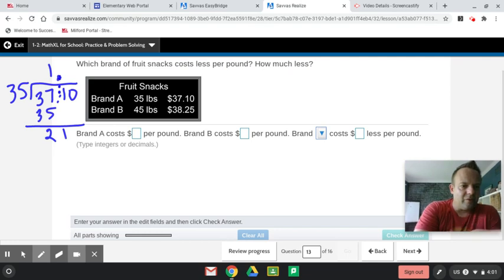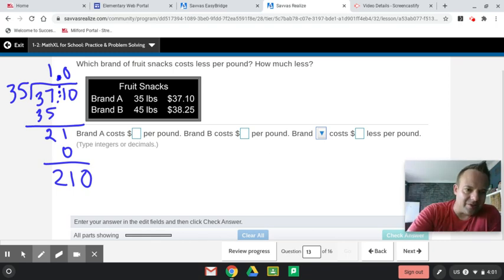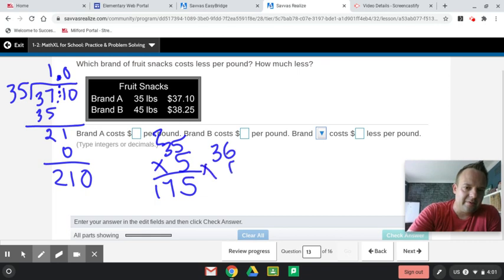So 35 goes into 21 zero times. Now 35 goes into 210. That's the question. Maybe 5. Let's try 5. And let's try 6. This strategy here is really a good one. Yeah, 6.